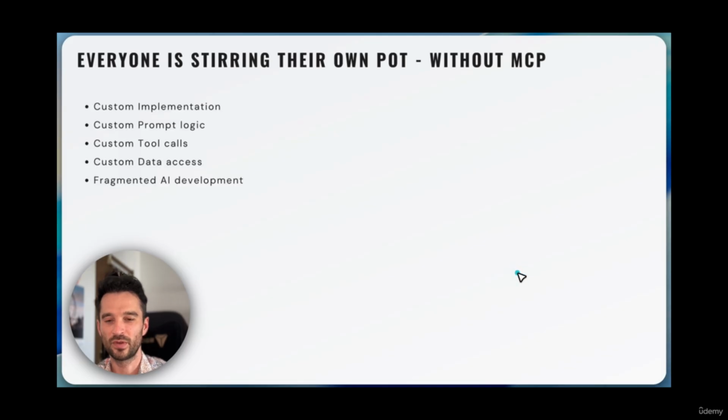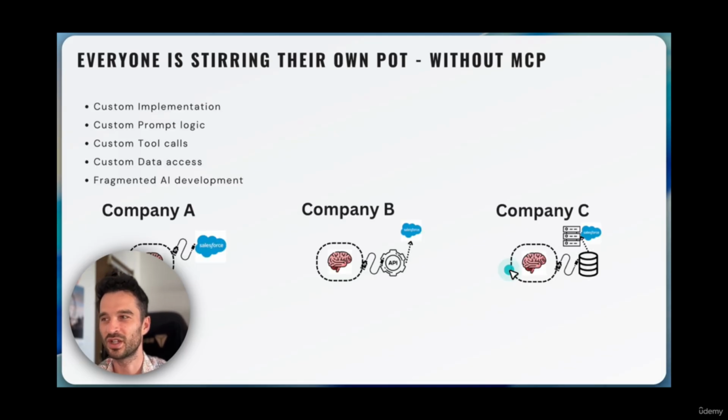Everyone is coming up with their own solution, and therefore we have custom implementation, custom prompt logic, custom tool calls, custom data access. So we have a fragmented AI development world there. While company A would do this in a really good way and have a security issue, company C would totally over-engineer this solution.